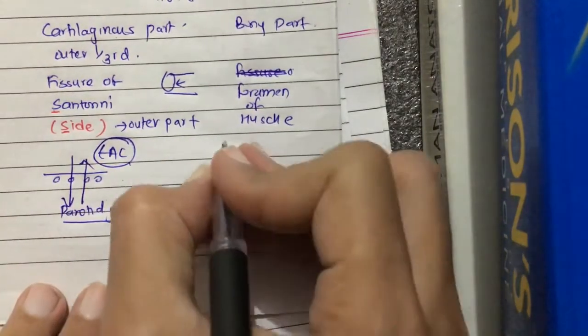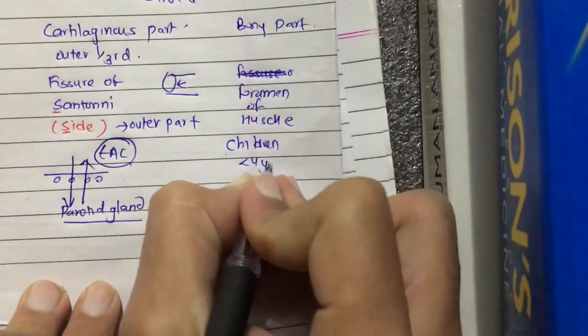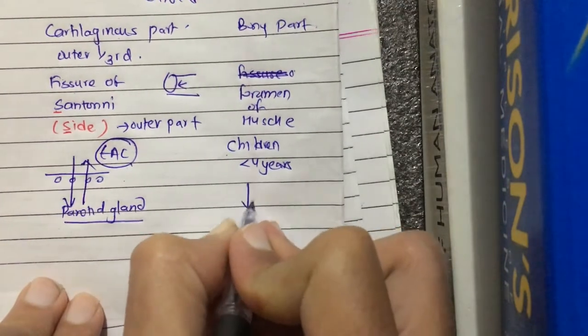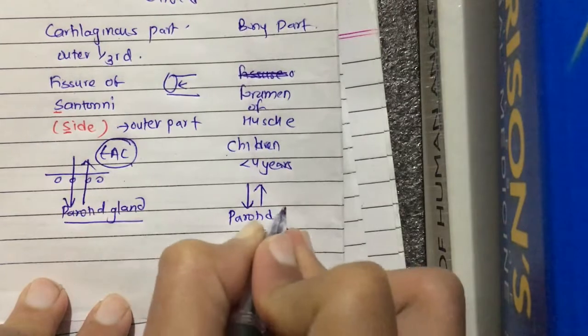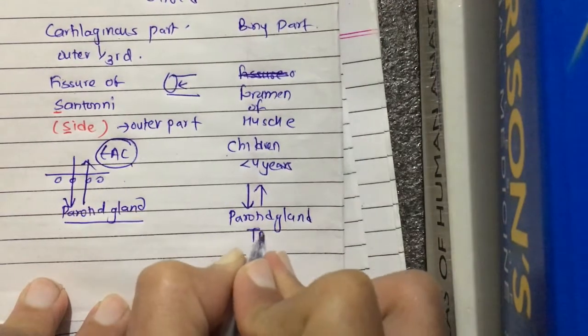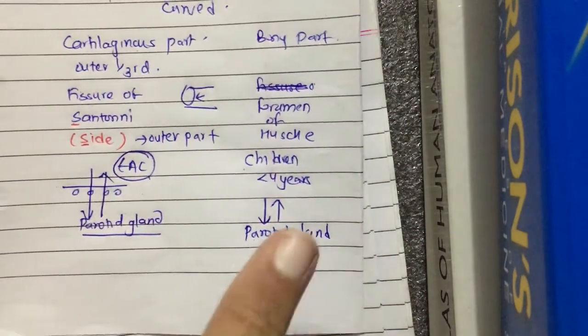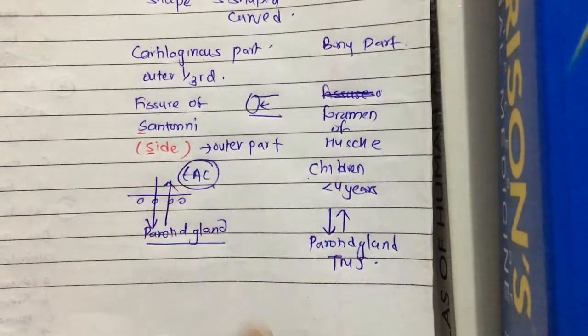This is mostly present in children less than 4 years, and through the foramen of Huschke also, infections can travel to and fro between the parotid gland and the temporomandibular joint.